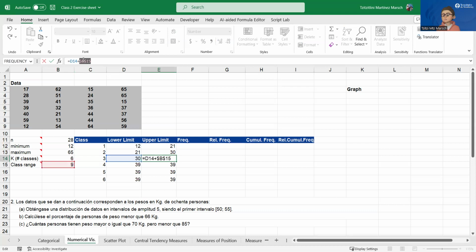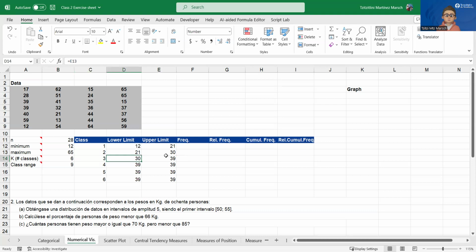If not, when you pull it down, it's always going to change. You want it to be the absolute range. So it's always taking that 9 of the class range, and there it is. So just to make sure, your lower limit is always going to be your minimum, and your maximum has to be inside of the interval of your very last class. So 65 is within 57 and 66.